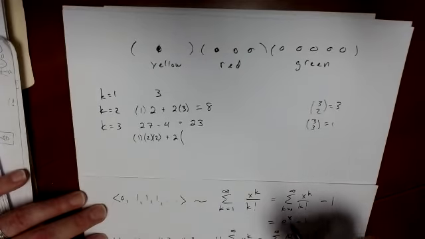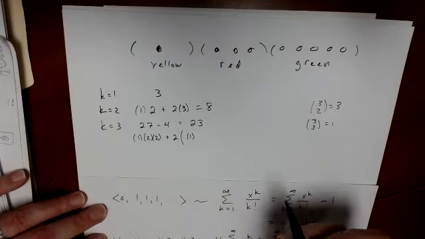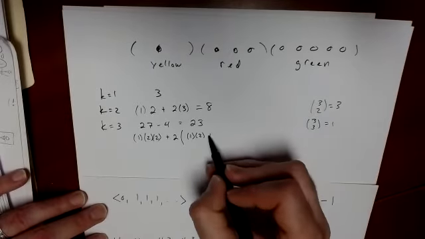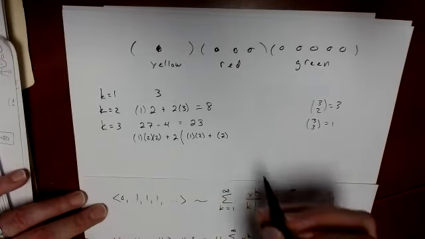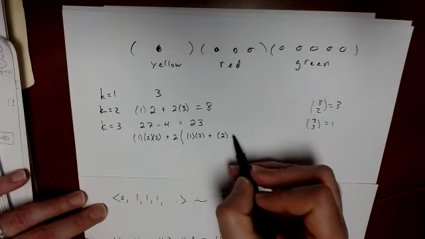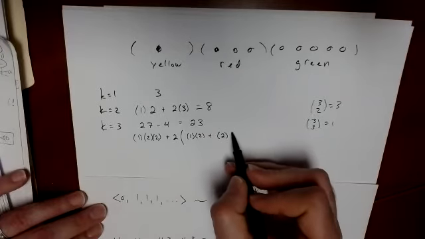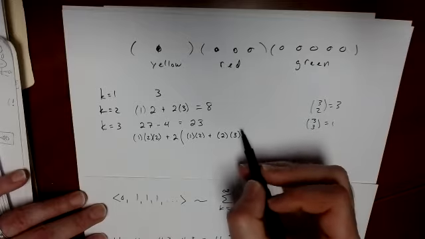But now if I pick a yellow on the second choice, then I only have 2 choices for the third. If I don't pick a yellow on the second choice, so this is didn't pick a yellow on the first or the second, so I'll have 3 choices on the third.